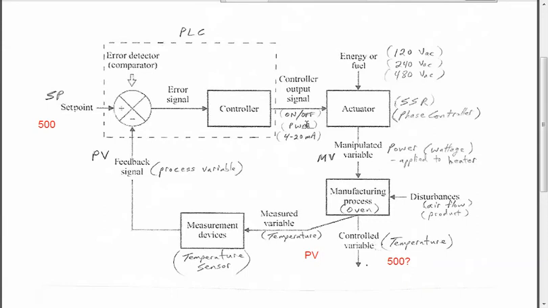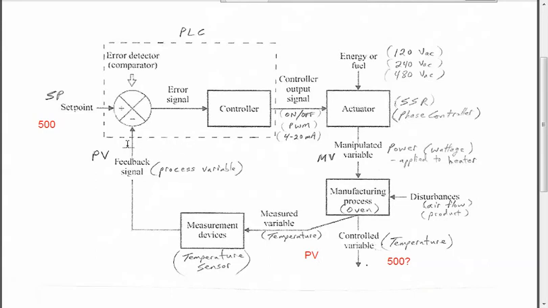If you're far away, it might do 100% duty cycle. Or a 4 to 20 milliamp signal, maybe it gives it the full 20 milliamps, telling the actuator that it needs to turn on more. Turn it on, turn it off, and so on.